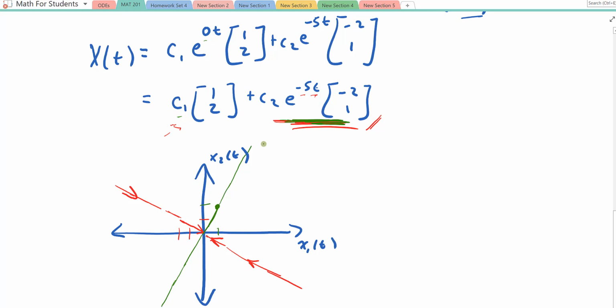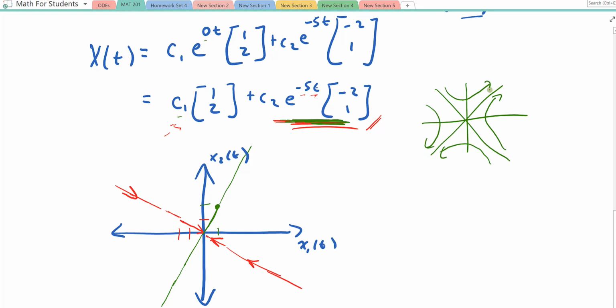And what we saw before with a lot of our other phase portraits, for example, when we looked at this one right here, we had maybe phase portraits that looked like this, and like this, and like this, and like this. Something where as time progressed, we became parallel to the dominant eigenvalue. So we became parallel to the eigenvector associated with the dominant eigenvalue. Well, in this case, we only have one eigenvalue that will dictate what this solution looks like.